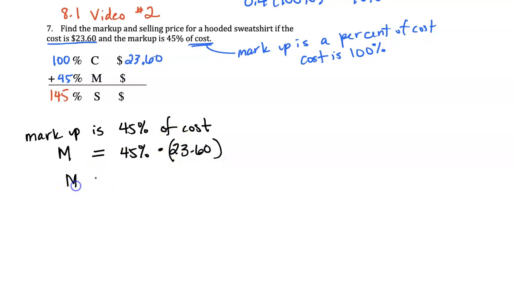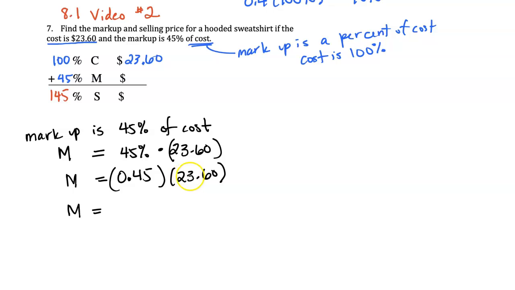Now I have M for markup is, I'll convert my 45% into a decimal, 0.45, and then multiply that by the cost of $23.60. Here the variable is already by itself on the left.